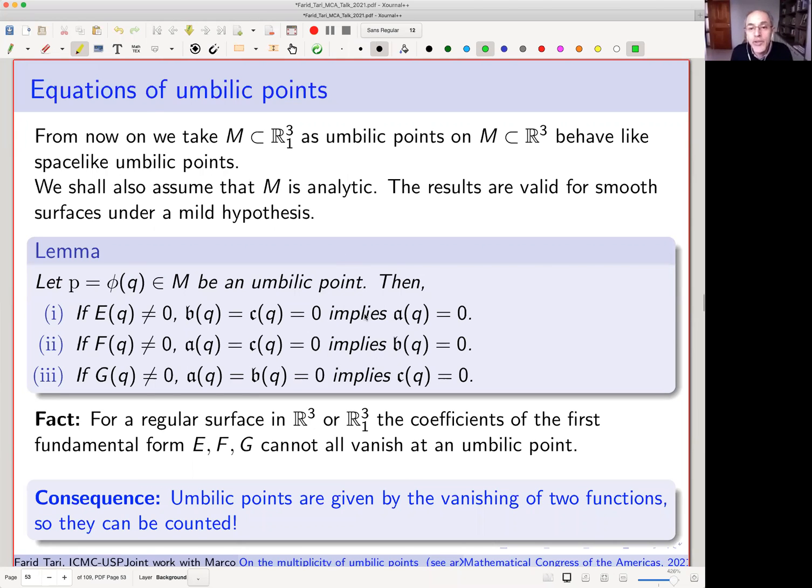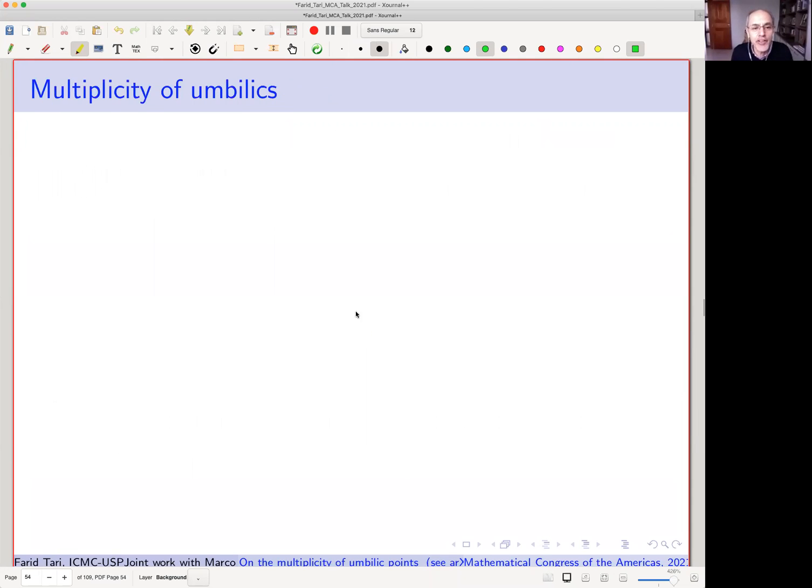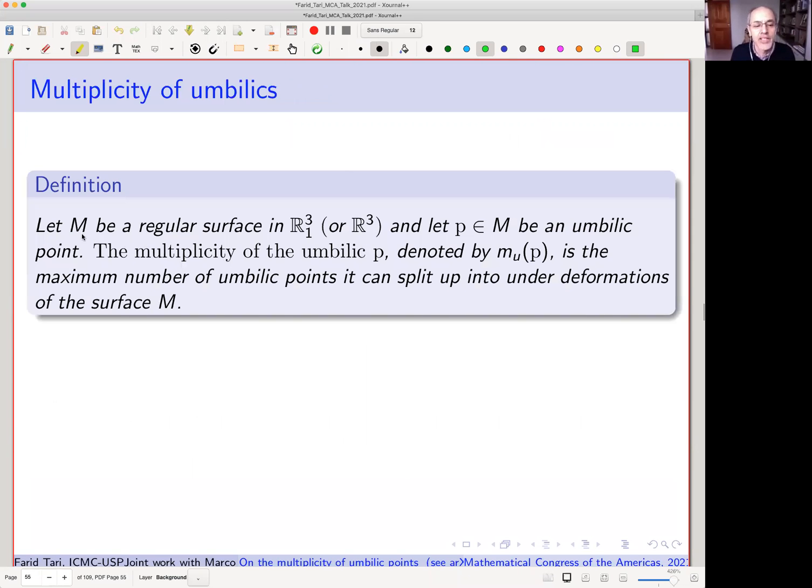I'll tell you in a minute how I can count them, but before then, let's define the multiplicity of umbilic points. So I have a regular surface, and P is an umbilic point, and we define the multiplicity of the umbilic point, and denote it by mu of P, as the maximum number of umbilic points it can split up into under deformation of the surface.